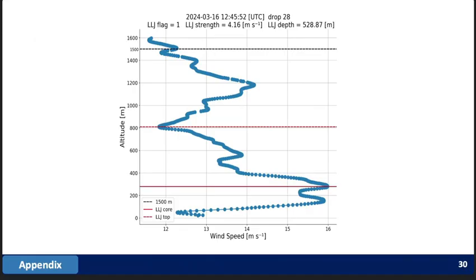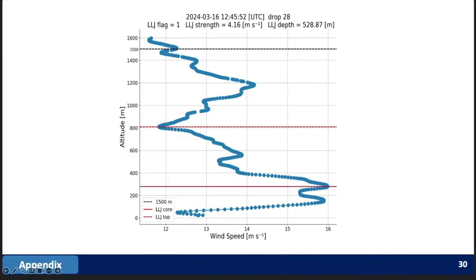If you identify low level jets with such convection there, then they are different from what we normally think about as low level jets. Yes, thank you, that's a very good point. I need to double check about it.